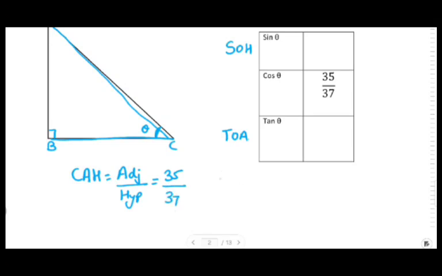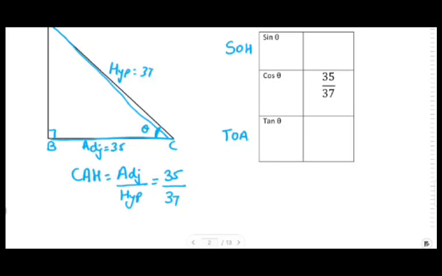That means my adjacent value is 35. My hypotenuse value is 37. Correct? Now children, remember these values are in their reduced form. That means there must have been some number that has been multiplied with them and then they are reduced and arrived at 35 upon 37.